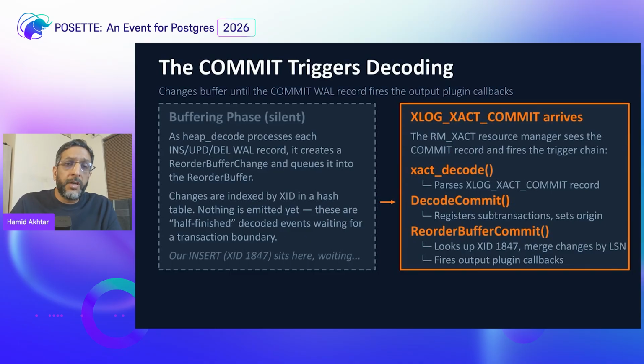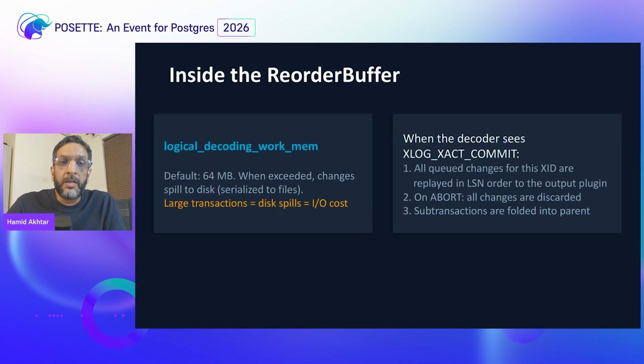So the reorder buffer is responsible for collecting all those changes. It's also, in case of transaction commit, responsible for shipping out those changes to whoever is listening. The reorder buffer then invokes the logical decoders to process those changes.